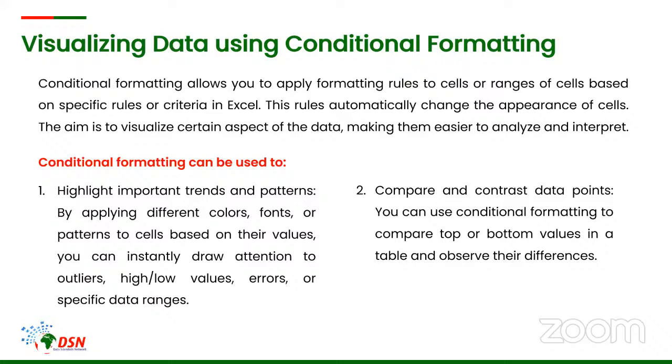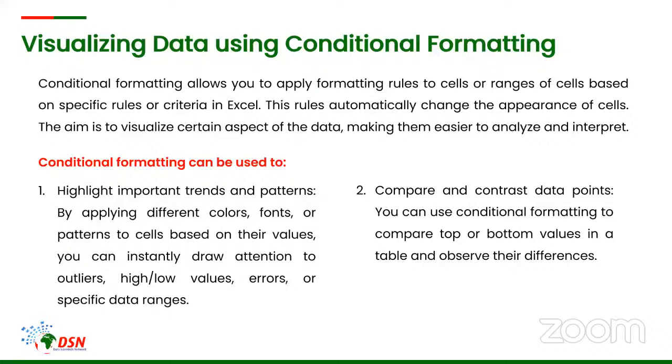So based on a particular rule that we have placed on the cell, if we input data into that cell, based on the styling or formatting that we have specified, it automatically changes the appearance of the cell. So the aim is to visualize certain aspects of the data, making it easier to analyze and interpret.